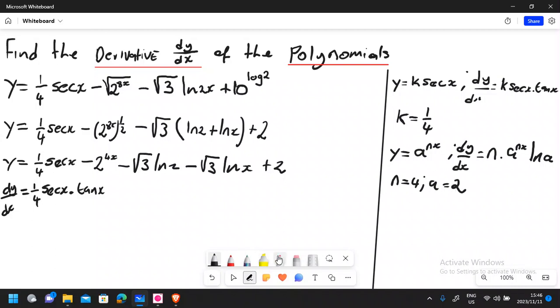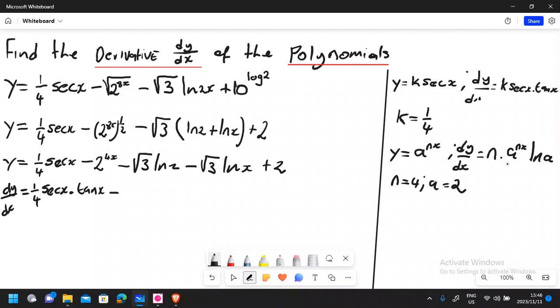So when we substitute this part here, we're going to put 4 where there is n, and we're going to put 2 where there is a. So let's continue, guys. All right, remember we have minus there, so this is going to be minus or subtraction.